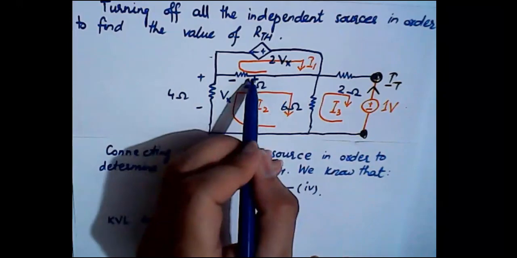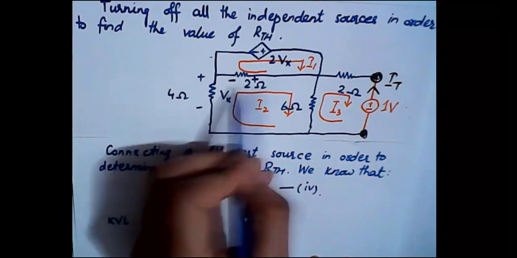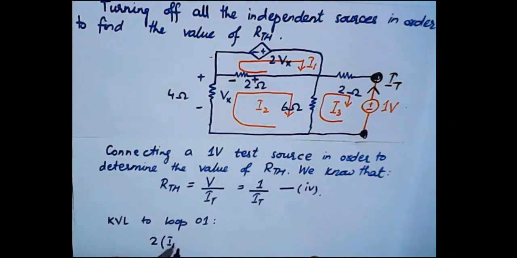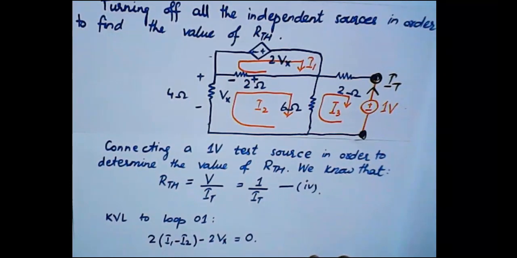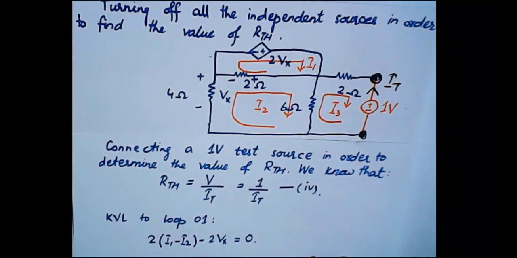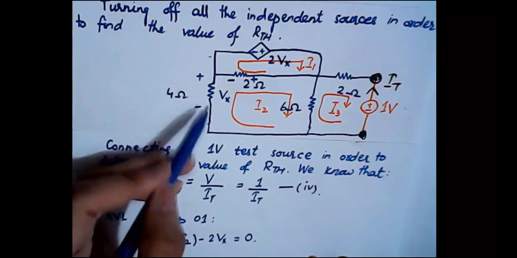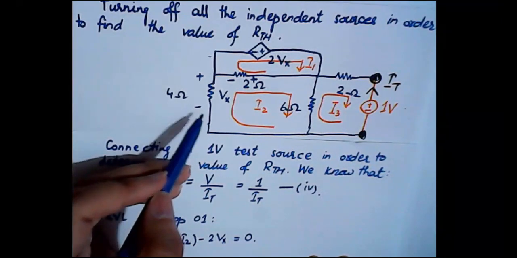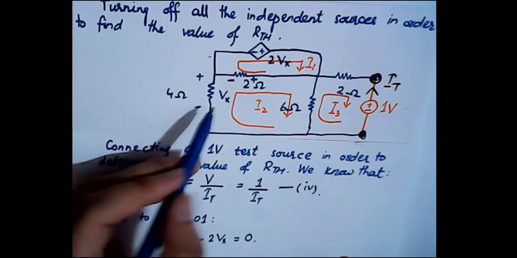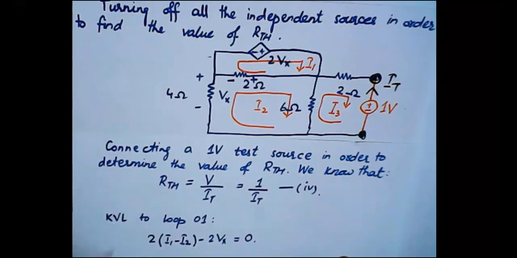Because I1 here is entering the positive terminal, and minus I2, because I2 is entering the negative terminal, minus 2 Vx is equal to 0. Again you can see that we have a variable in addition to the main variables, so we need to convert this Vx, and here the conversion is a bit tricky. Why a bit tricky? We'll also look at this.